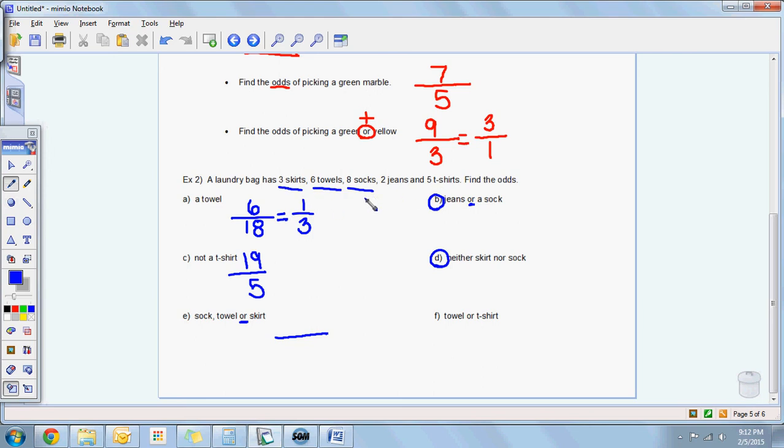We add those up, so we'd get 17 total. That's going to be on top. And whatever is left over is what's going to go on the bottom. So we add up what's left over, and we have 7 on bottom. Always check and see if you can simplify, but this one you cannot. So you're finished. Go ahead and try the ones to the right here and see how you do.